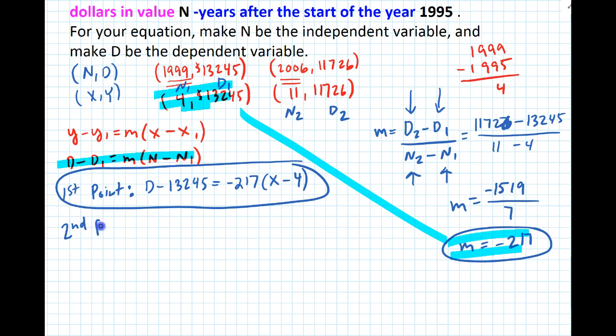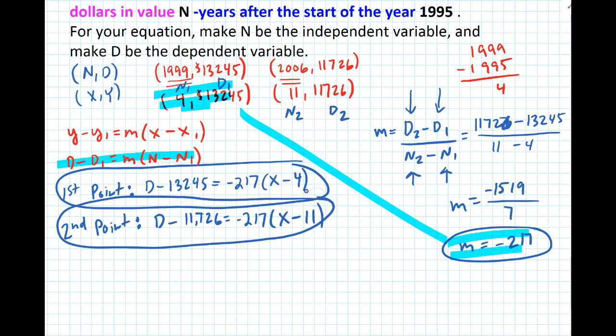The second point is going to be d minus d2, which is 11,726, equals the slope, which is negative 217, times n minus 11. So we're done with those.